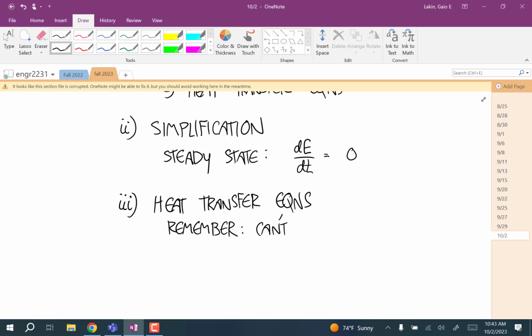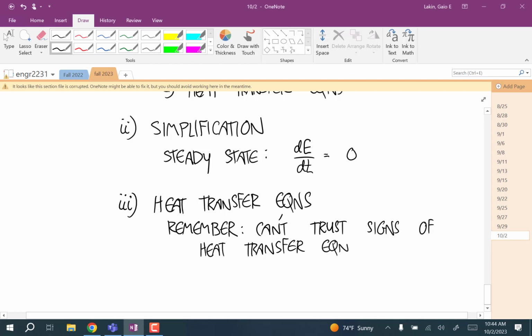You have to give it a sign based on whether energy is entering or leaving the system. So you can't trust the signs of the heat transfer equations with the first law.